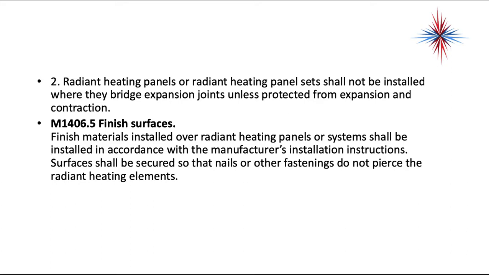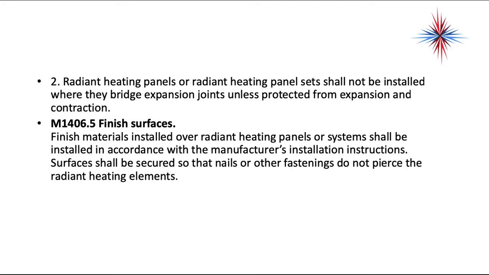Radiant heating panels or radiant heating panel sets shall not be installed where they bridge expansion joints unless protected from expansion and contraction. Concrete walls sometimes have expansion joints. These are areas where the two concrete sections meet with some sort of flexible material in the middle. You cannot install a heating panel over that joint.